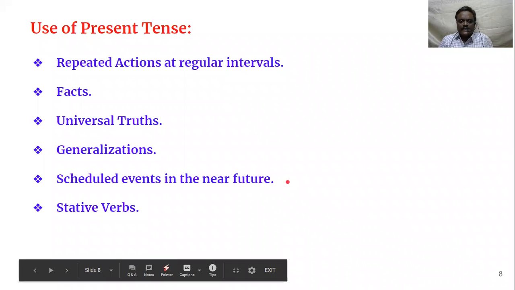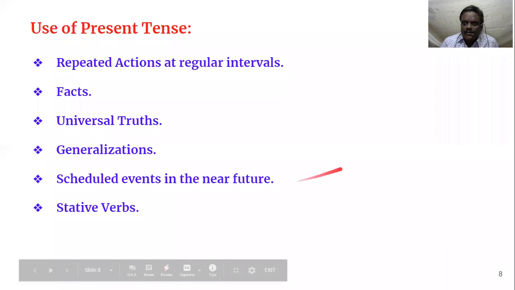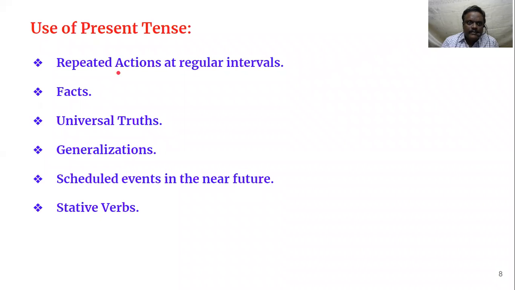Now, let us go in detail how we are going to use the present tense. Repeated actions, that is a basic rule for simple present tense. The basic rule is repeated actions at regular intervals.